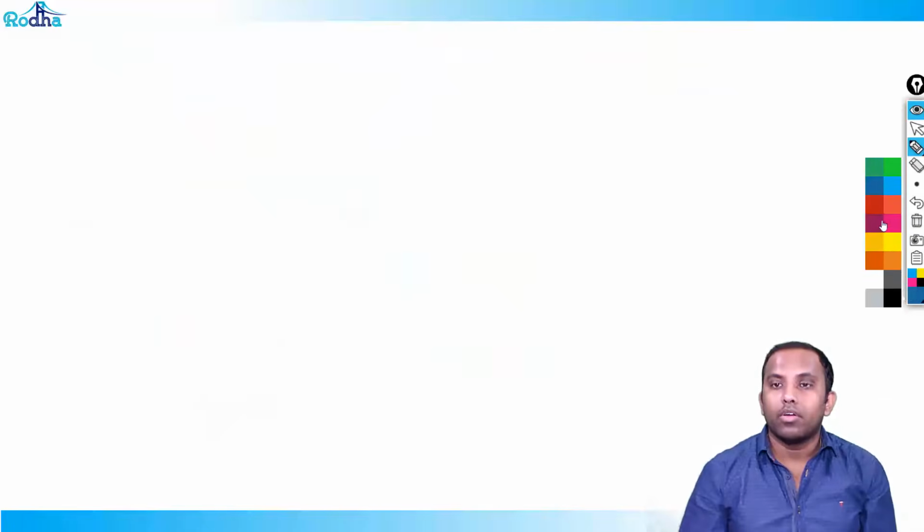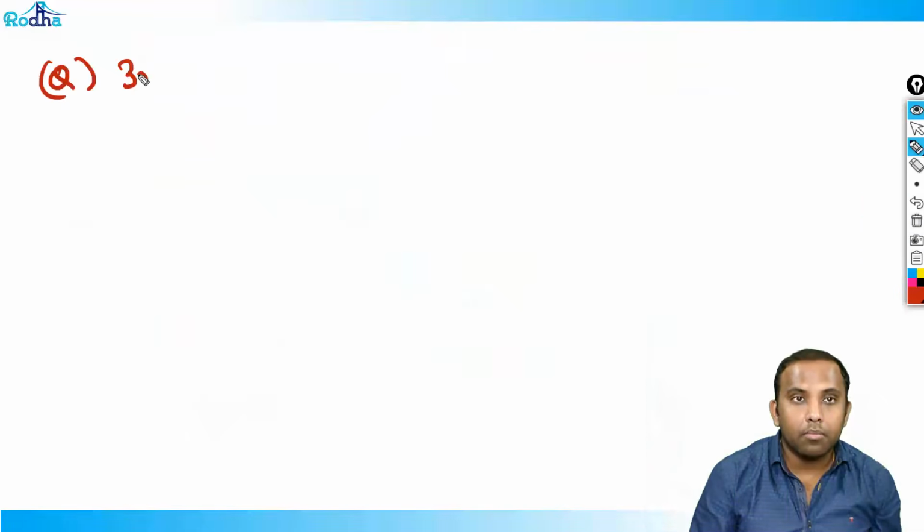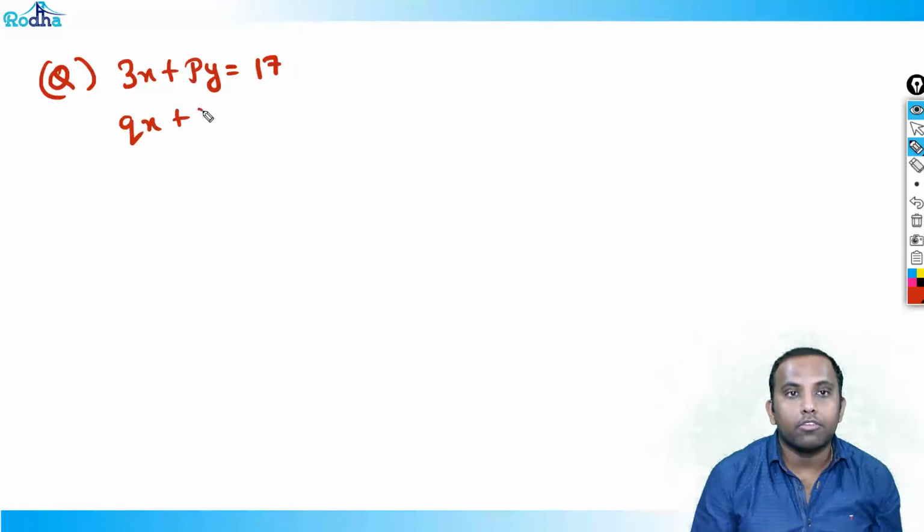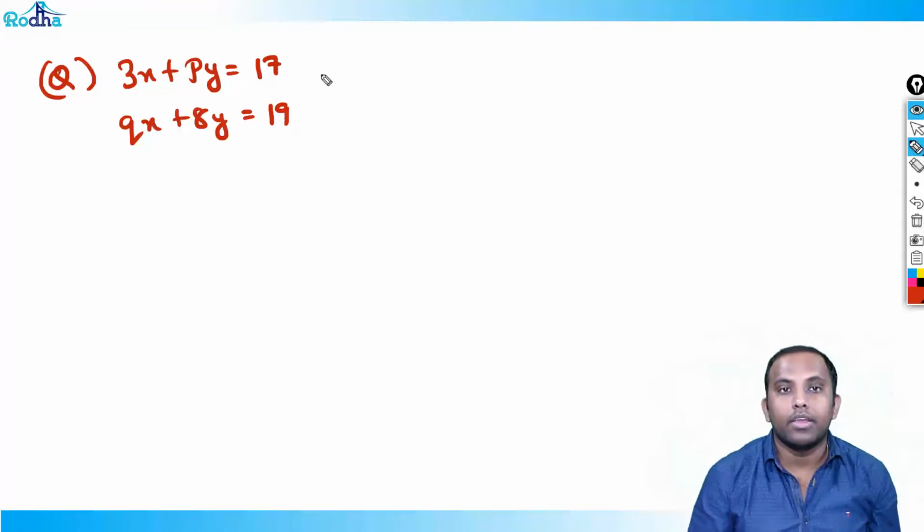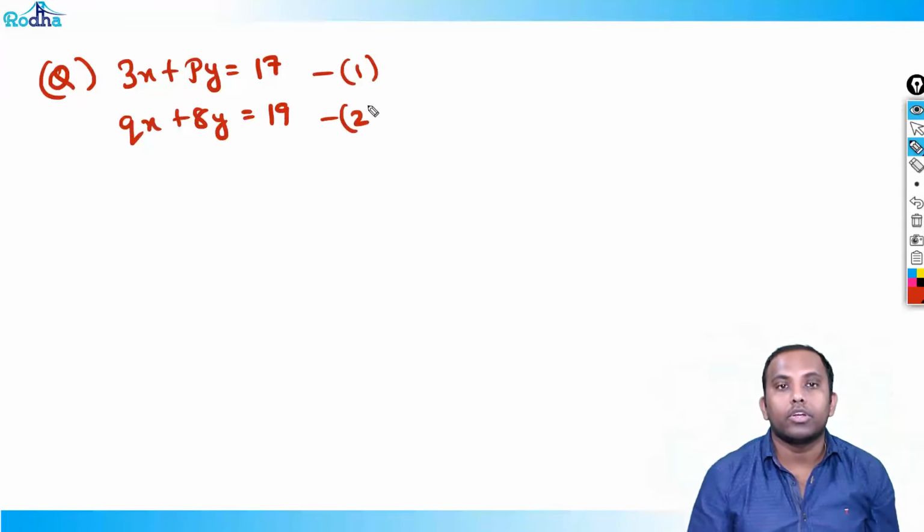Okay. Now 3x plus py is equal to 17 and qx plus 8y is equal to 19. This is equation 1, this is equation 2.